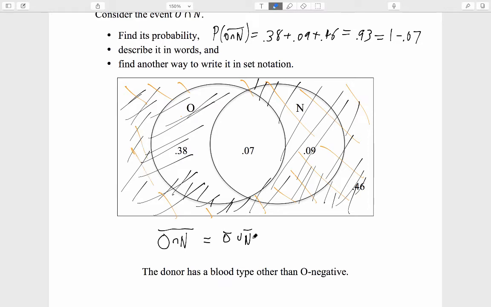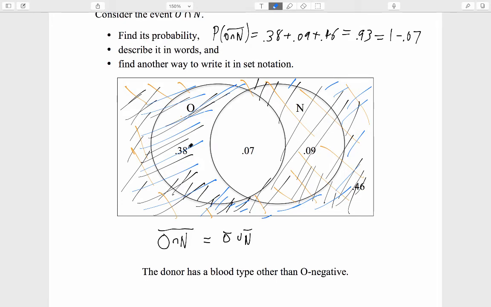N complement is another event. I can shade it. That is, I can shade everywhere outside of N. Now let's look at O complement, union, N complement. Think which basic regions have received orange shading or blue shading or both.